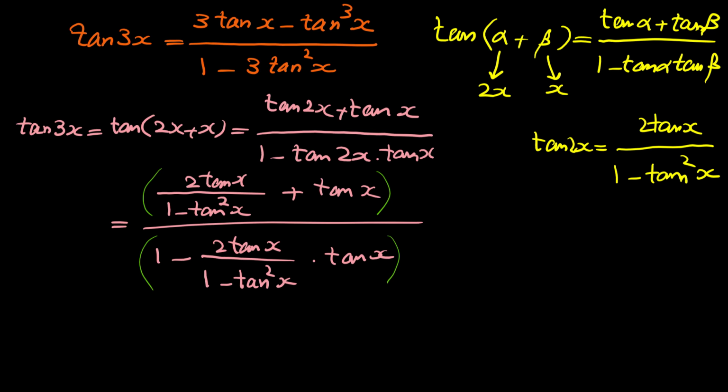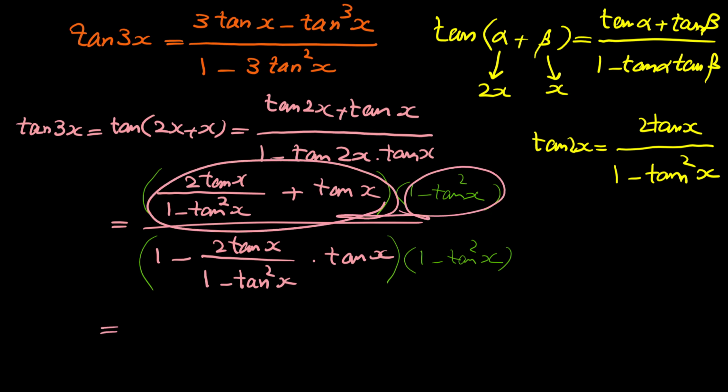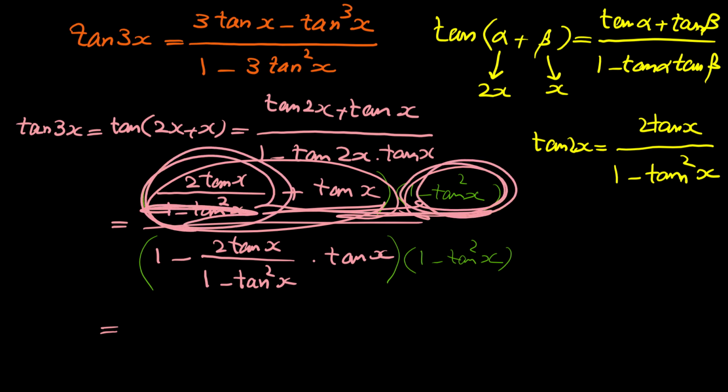What is the denominator? 1 minus tangent squared x. So we can multiply the numerator and the denominator by 1 minus exactly tangent squared x, because this helps to eliminate the denominators. Let's see what happens by doing this. If we multiply this by this 1 minus tangent squared times by this fraction, then 1 minus tangent squared with 1 minus tangent squared cancels and remains only 2 tangent x.